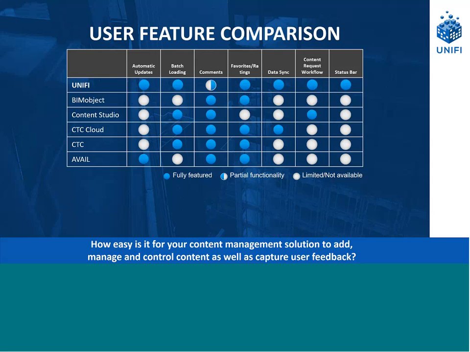If we go to Content Studio, it's quite a mature product now. I think version 6 is definitely out there, and it's giving you a nice experience because it's spent a lot of time in development, obviously. And CTC Cloud and CTC, as we mentioned before, have an in-pane or dockable Revit dialog, and Avail has that as well.